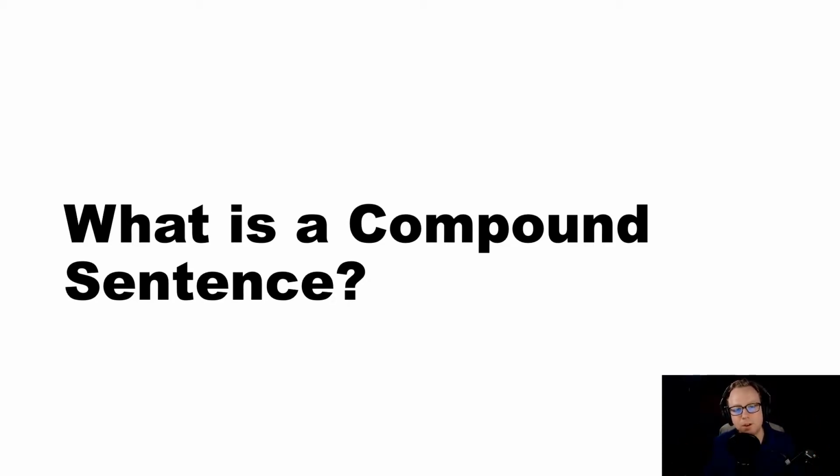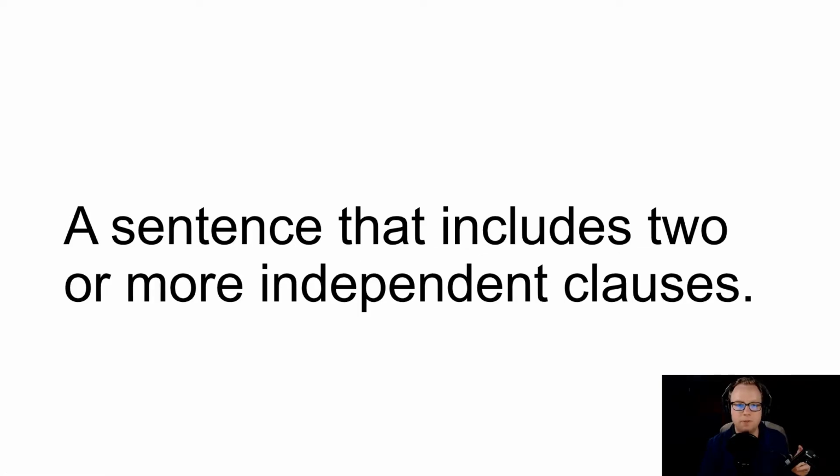Okay, let's get started. What is a compound sentence? There are many different kinds of sentences, and what defines and distinguishes them is how they are formed with different kinds of clauses. A compound sentence is defined by the fact that it includes two or more independent clauses.